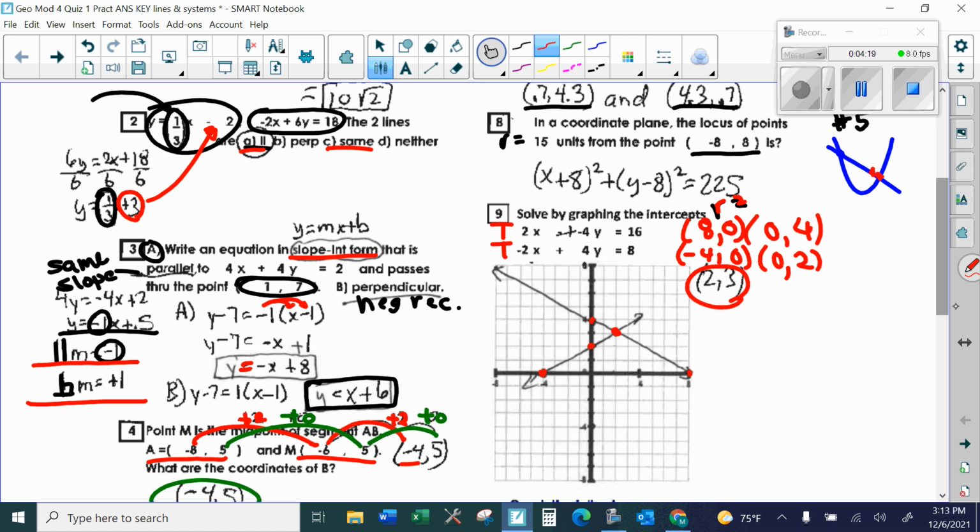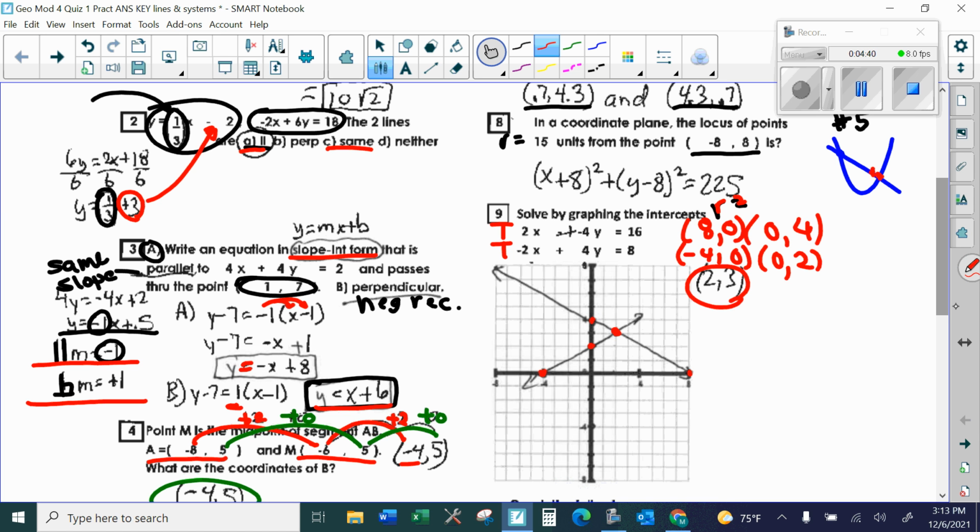For the perpendicular, I just change the slope to 1. I distribute that 1 through, and 1 times anything is itself, so it's still x minus 1. And I add the 7 across. 7 plus 1 is 8, so y equals x plus 6 for part B. A is 2 points, B is 2 points.